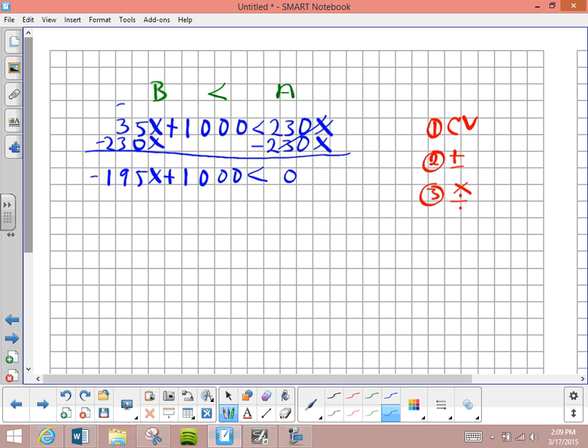Now, the second step says to add or subtract. That was another thing. Some kids were trying to subtract 0 or whatever instead of 0. And I told them that if you look at the signs, which one has the add or subtract sign? The 1,000, right? This 1,000 has a sign. That means I'm doing the opposite, the inverse operation. So I will subtract 1,000 from both sides.